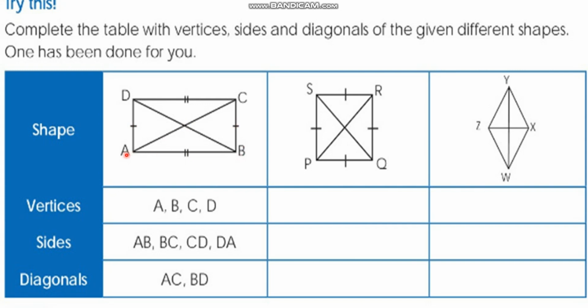Now here it is already named as A B C D. This is a rectangle A B C D. Now we will write the vertices of this rectangle. What is a vertex? Yes, where the sides meet, isn't it? The place where the sides meet is the vertex.